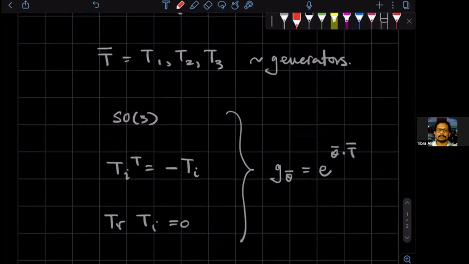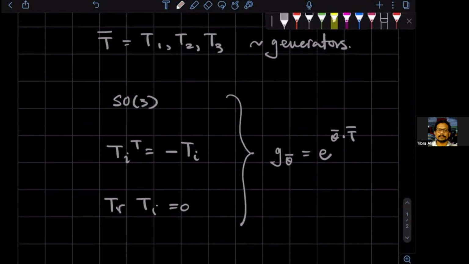This gives rise to some subtle differences, which I didn't explain because I thought it would be good for you to discover those yourselves. And these are 3x3 rotation matrices, and therefore they're real.